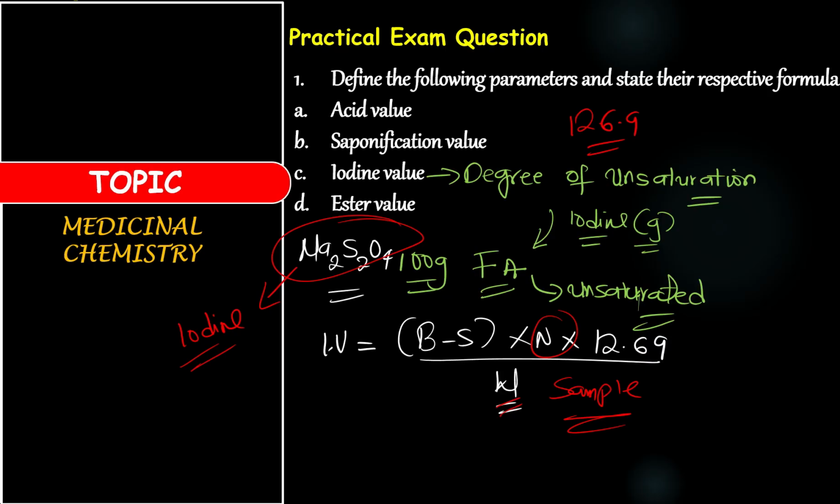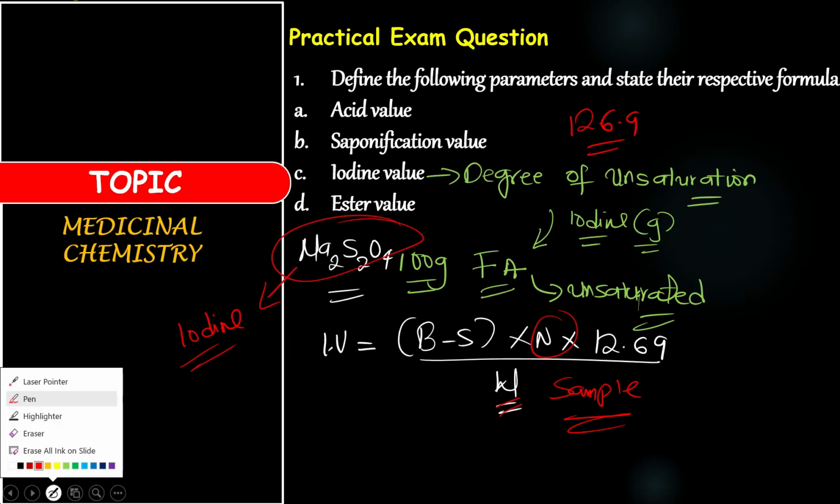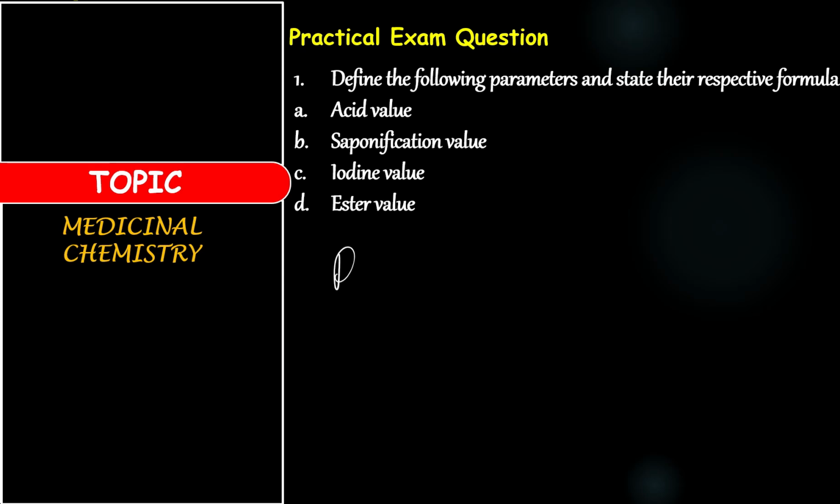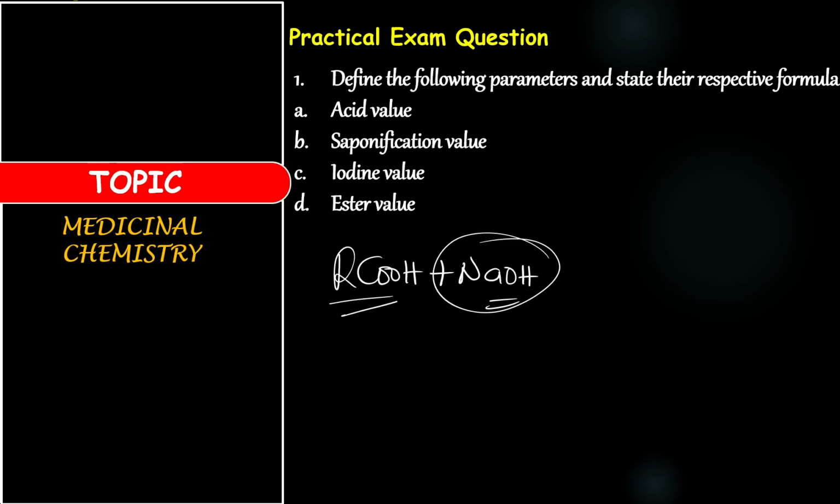Now, the ester value. How do you form an ester? Ester is a reaction between an acid and a base. So ester value is just like the acid value also. It is the amount of sodium hydroxide or a base that is required to esterify 1 gram of an acid.